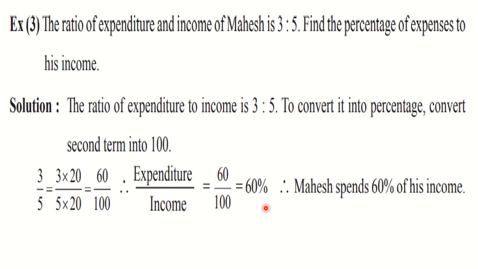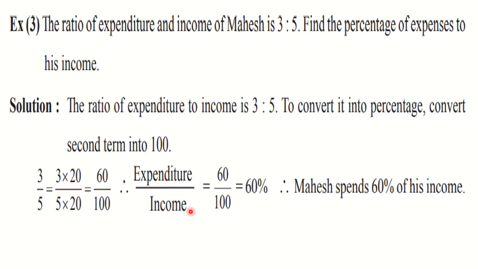And from that we can say that Mahesh spent 60% of his income, or we can say that the percentage of expenses is 60%. Always keep in mind, whenever you want to find the percentage, you have to make the second quantity 100.